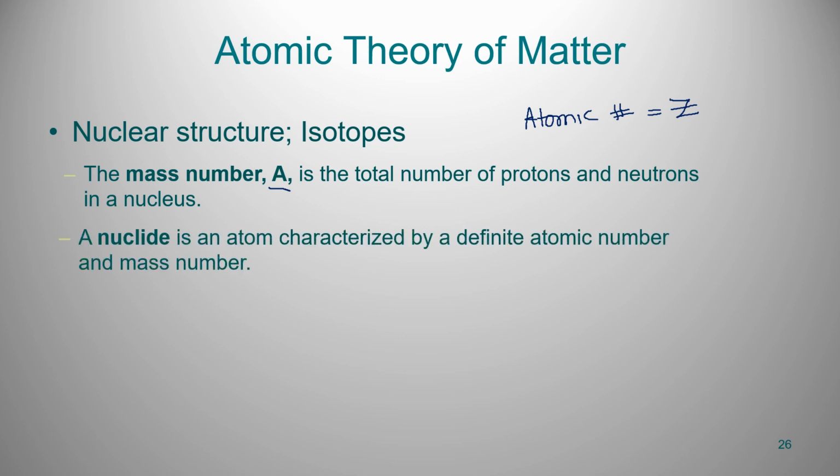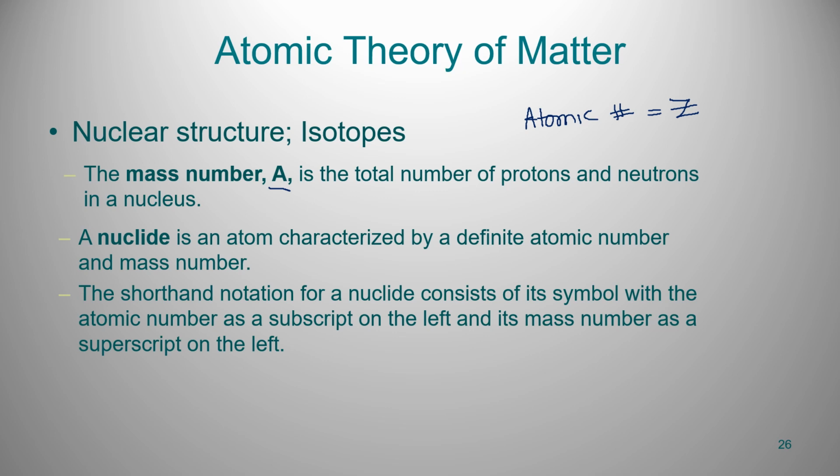We can represent the atomic number and the mass number by a symbol called a nuclide symbol. We write the nuclide like this. Let me just go ahead and put it there. Sodium-23. If you have a periodic table, look at it.